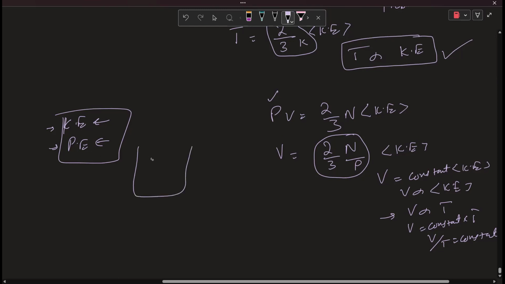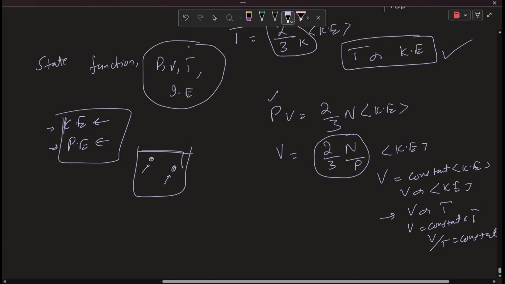Obviously, when we discuss the gas, they are at a certain position in a cylinder. So due to their position in the system, they have potential energy, and due to their motion, they have kinetic energy. Also keep this in mind that there is this term used as state functions, and pressure, volume, temperature, and internal energy, they all are state functions.